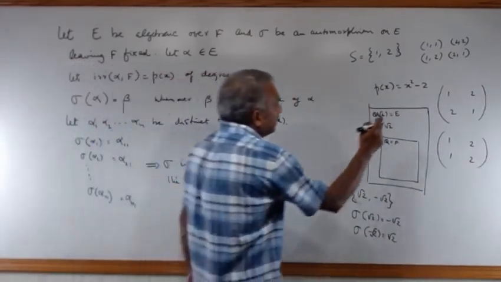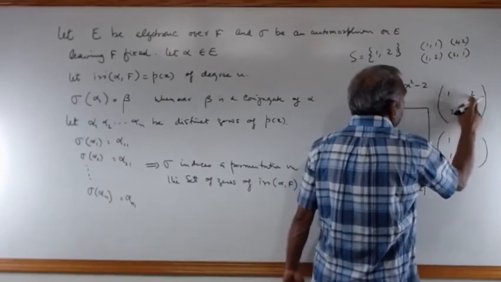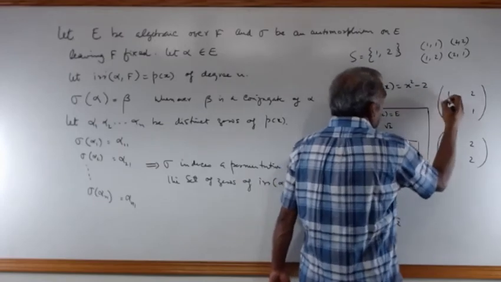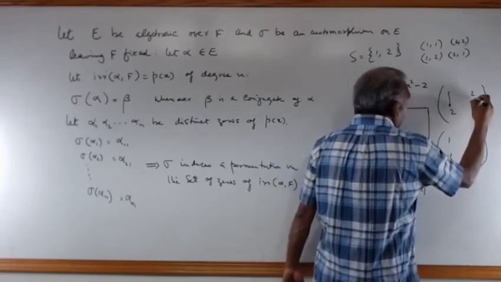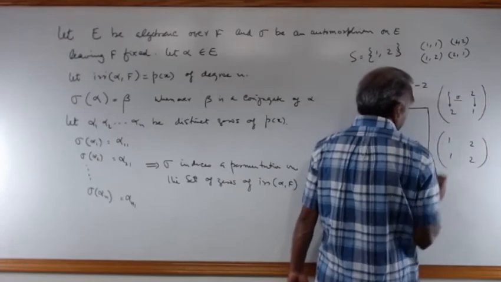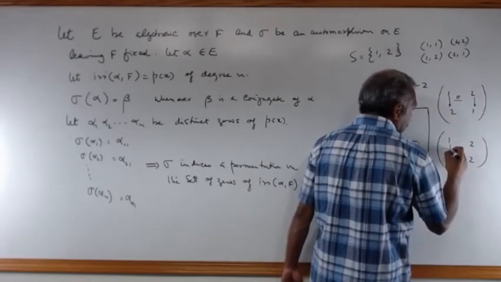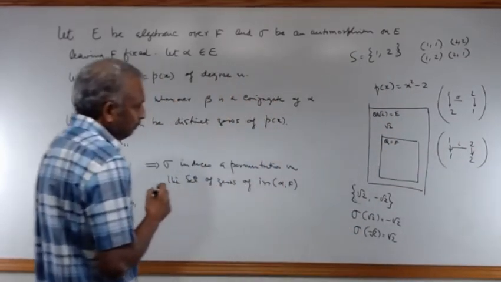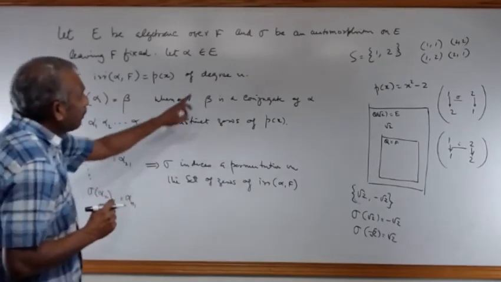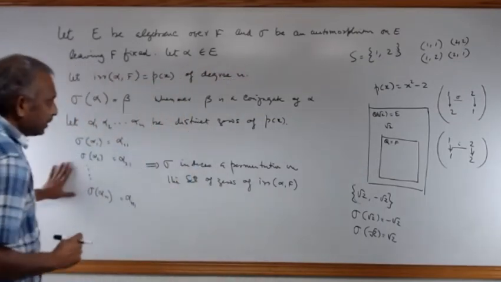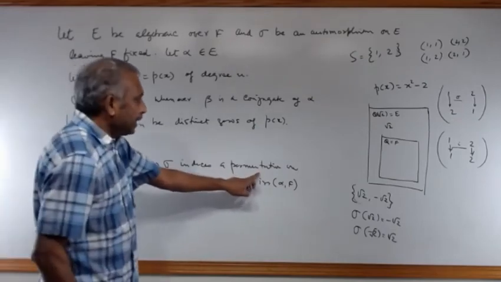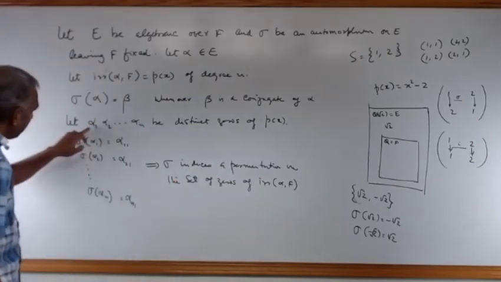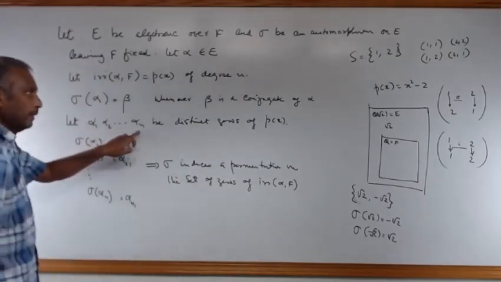So these are the zeros of the irreducible polynomial. If we are mapping 1 to 2 and 2 to 1, that is one sigma. If it is the identity map, 1 to 1 and 2 to 2, that is another automorphism. So each automorphism induces a permutation on the set of zeros. The set of zeros are alpha 1, alpha 2, up to alpha n.